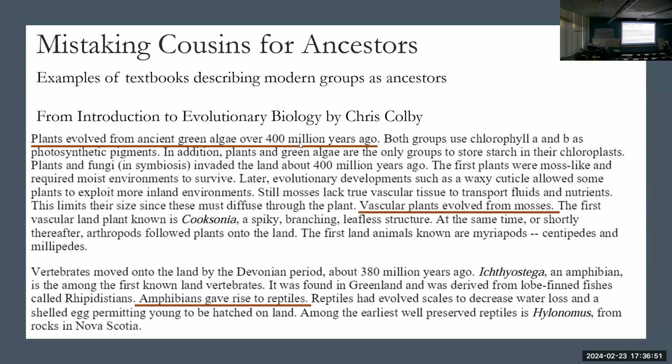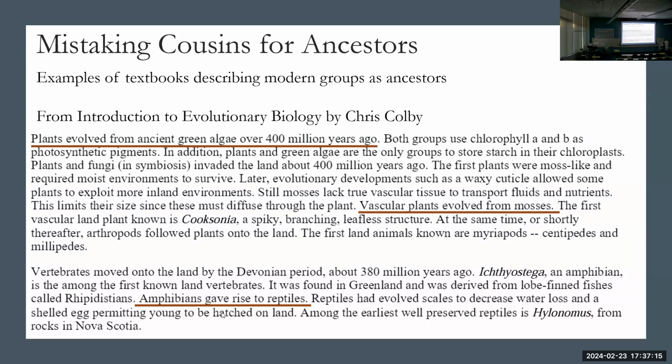So again, they're making that mistake of saying that a modern group is their ancestor. Vascular plants evolved from mosses is not true. Mosses are a modern group, and vascular plants, another modern group, do not evolve from them. And amphibians gave rise to reptiles, again, is that mistake of saying that humans evolved from chimpanzees. So it's incorrect to say that.